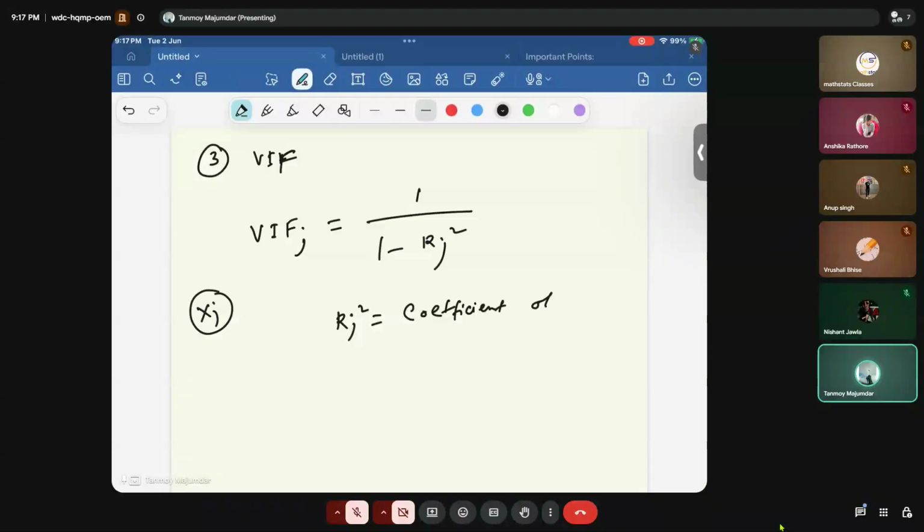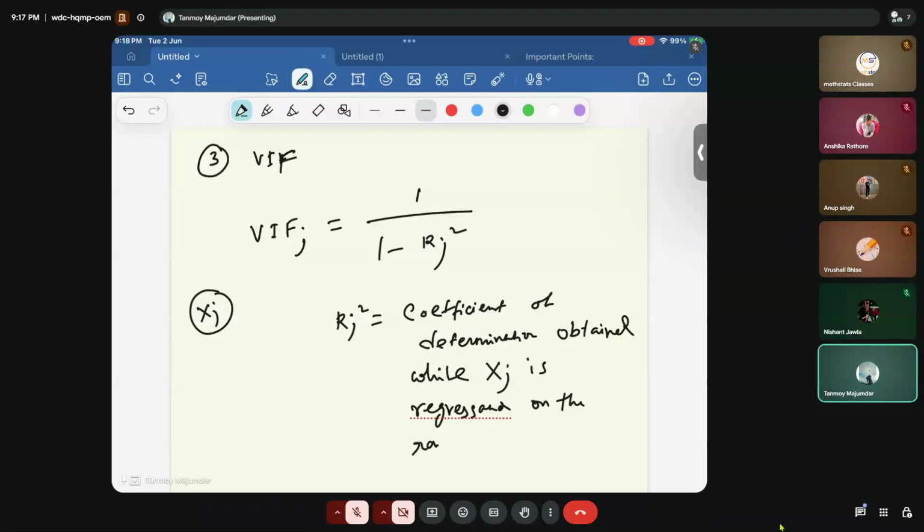of determination obtained while xj is the dependent variable in a regression. Regression means we are considering xj as the dependent variable on the remaining k minus 1 variables.